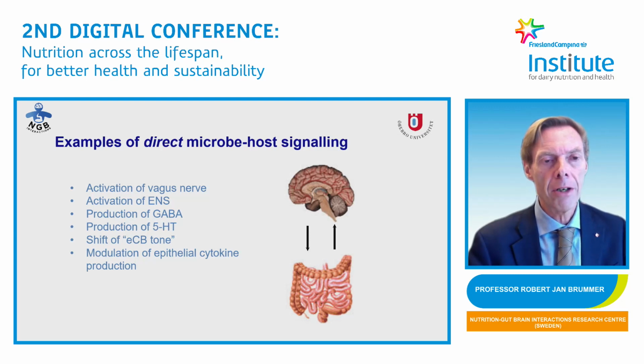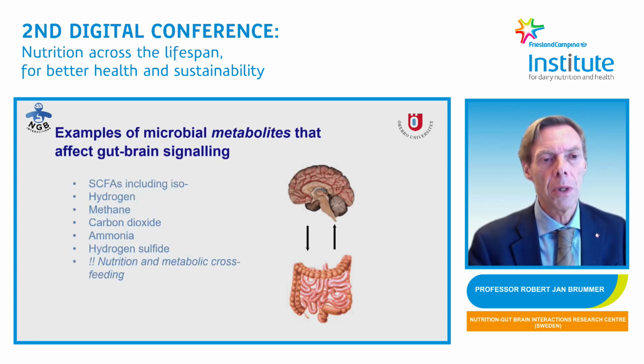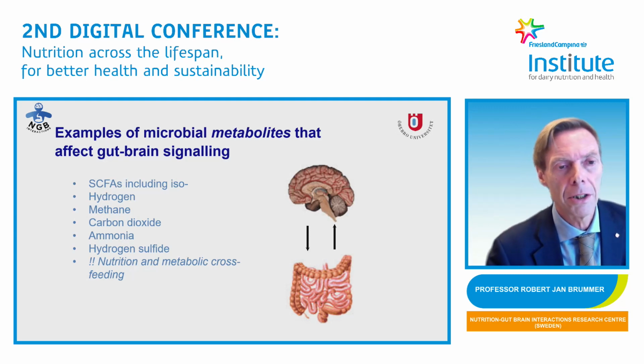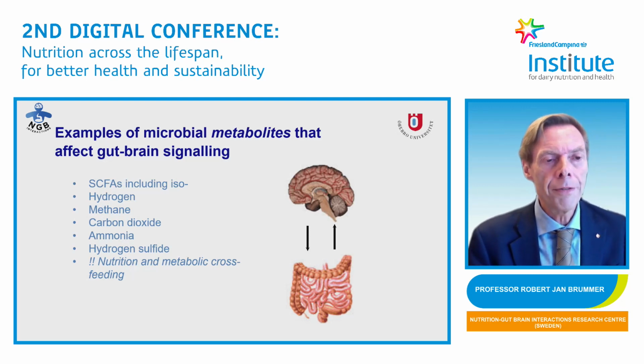So the microbe directly interacts with a receptor on the host. The next slide shows you another way of how microbes can interact with gut-brain signaling, and that is by the substances they produce, the metabolites of these microbes. And one of these metabolites are the short-chain fatty acids, and they are extremely important.